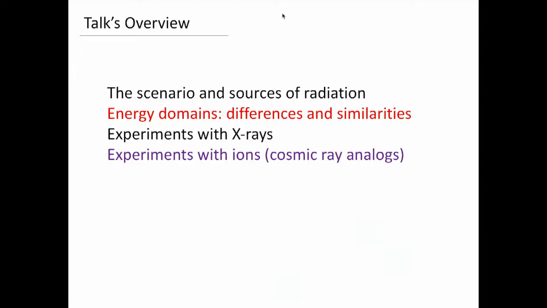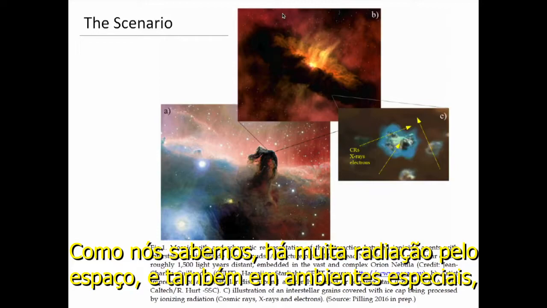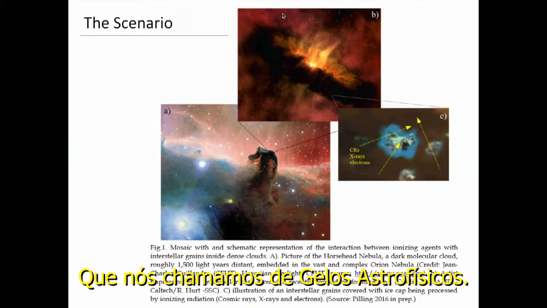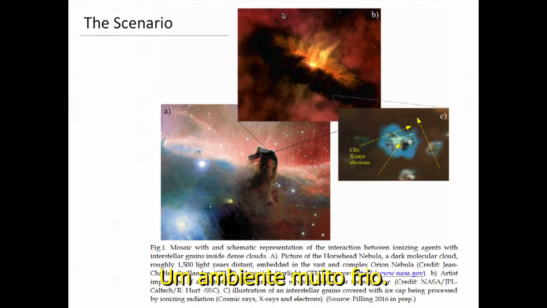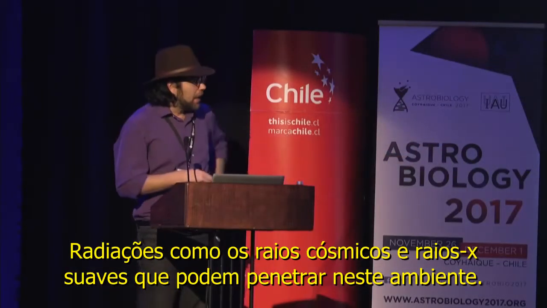Okay, as we know, there is a lot of radiation in space and also special environments in which molecules are very cold. And we call this astrophysical ice. For example, this picture here represents the interior of a molecular cloud, a very cold environment. In such a place, the radiation illuminates molecules in frozen states and induces chemical reactions.